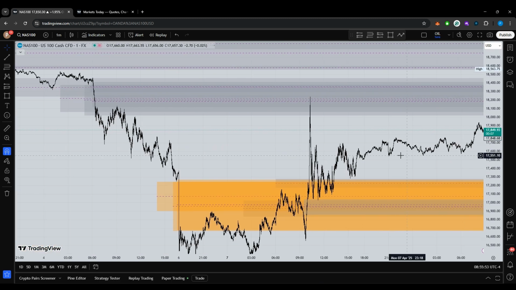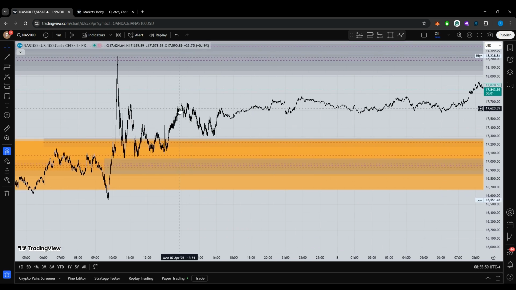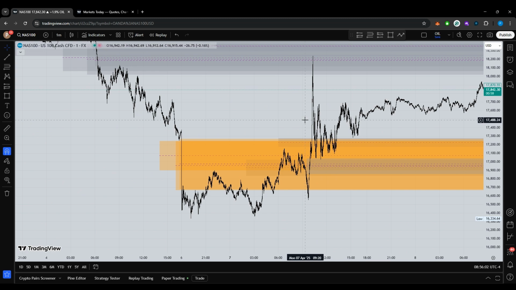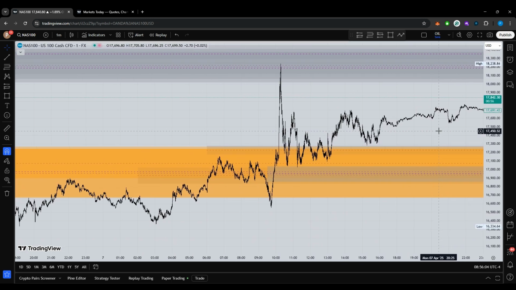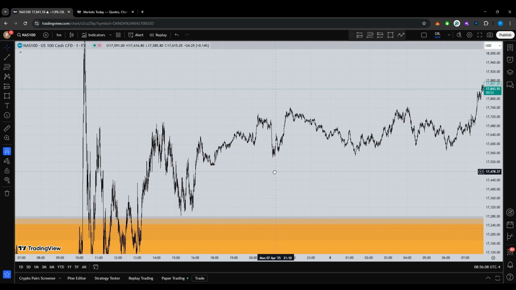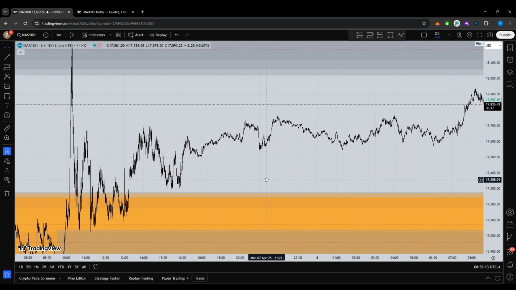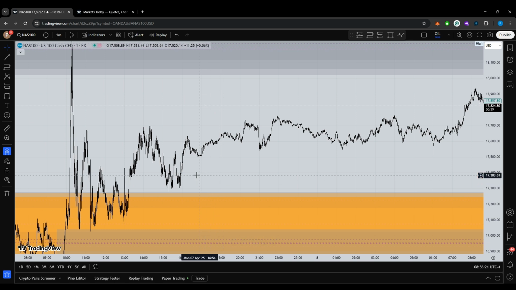Let's see. But as far as market structure goes, okay. So yesterday, let's zoom in over here. Let's start from here.